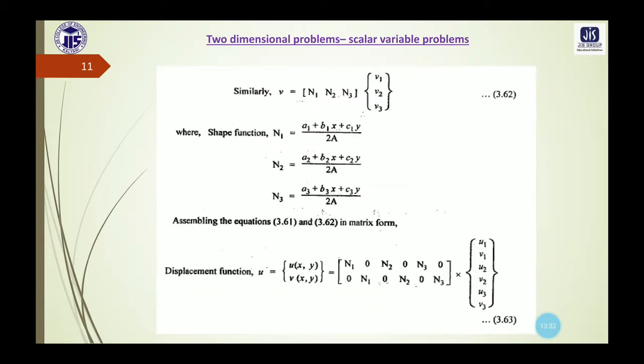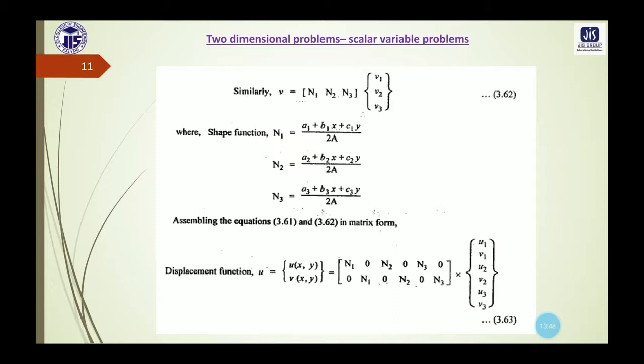In a similar manner we can write the formula of the displacement function v, that is N1, N2 and N3 row matrix multiplied by a column matrix of v1, v2 and v3, which is our equation number 3.62.